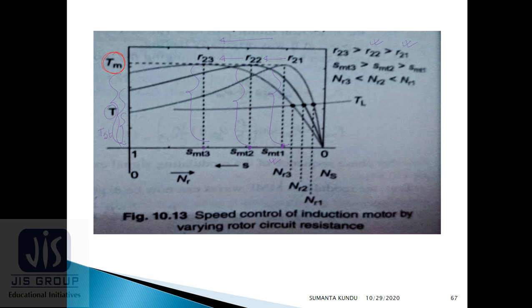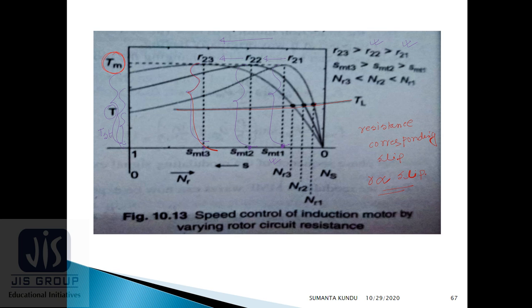So although due to the change of resistance the corresponding slip has changed, because for constant torque we just said that resistance is proportional to slip, the value of maximum torque remains unchanged, and this is the typical load characteristic.